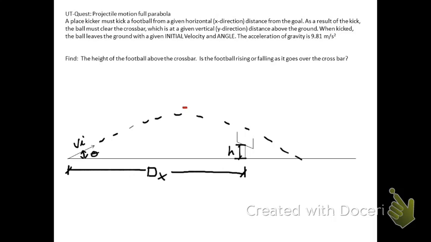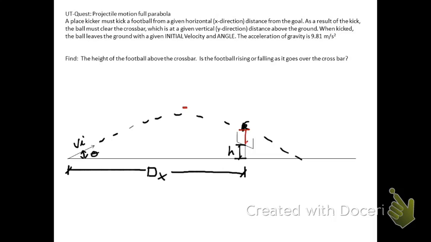So the big thing that we need to find here, like in most projectile motion problems, is I want to know the time that it takes to get from the time it was kicked to the time in this parabola when I reach the crossbar. In other words, what time is it going to take to get right here? Well, to get to that point, that is the same distance in the x.